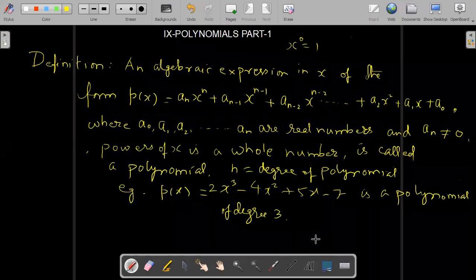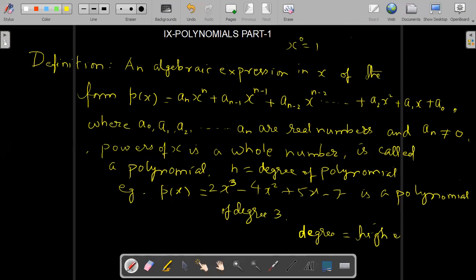Here the highest power of x is 3. Degree is what? The highest power of the variable. Whichever variable is there, it can be y also.